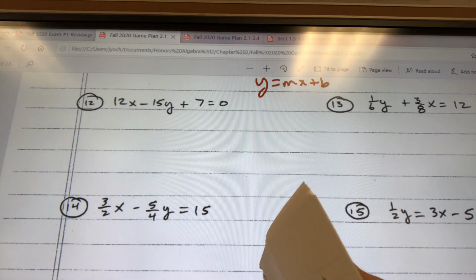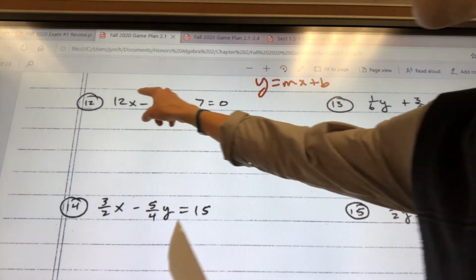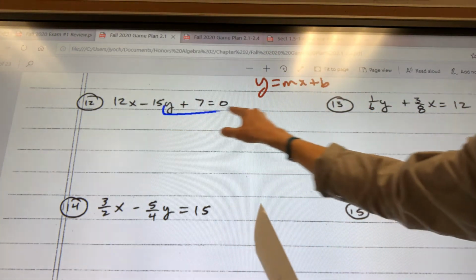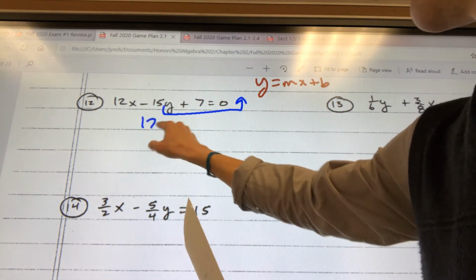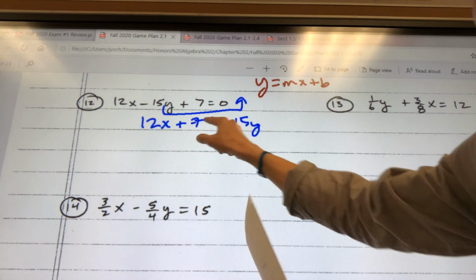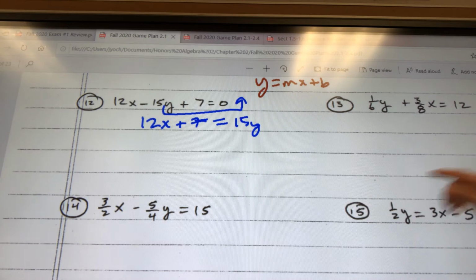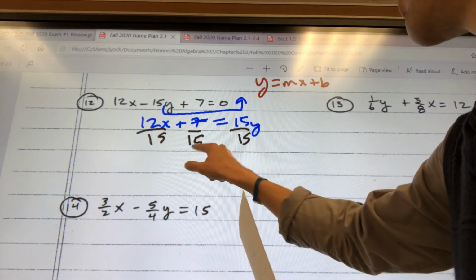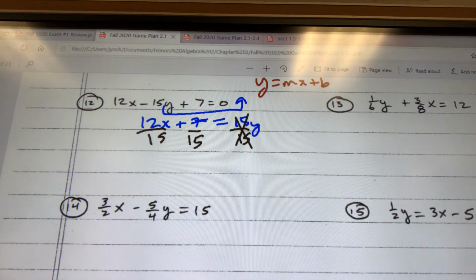I mean, if you want to be real precise, you can move everything over there, but why... y can be on the left if you want to keep it on the left, but why not move y to the right there? Folks, all we care about, if I ask you the rate of change, all I care about is the number attached to x when y is all by itself, which it is now. When I divide by 15, I have a single y.